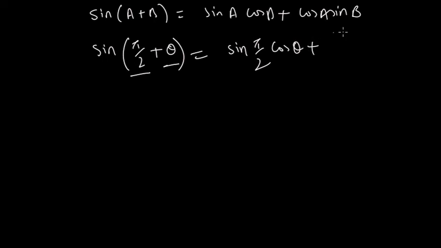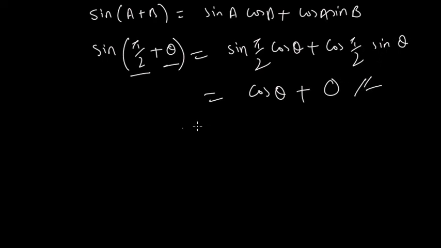Sin 90 is 1, which multiplies cos theta, and cos 90 is 0, so that term is multiplied by 0. So we get sin(90 plus theta) is equal to cos theta. So we can relate with any other trigonometric function as well, like sin(90 minus theta) or cos(90 plus theta), using this formula.